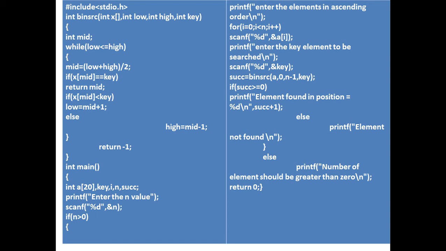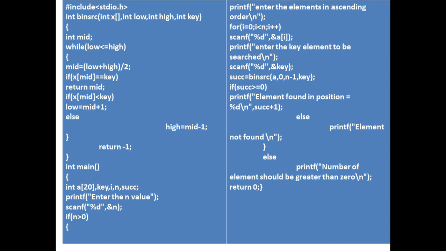Now, whenever the middle element is not equal to the key element, it will check whether the key element is less than the middle element or greater than the middle element. If it is less than the middle element, it will just ignore the elements which come after the middle element, and consider only the elements which are less than the middle element.